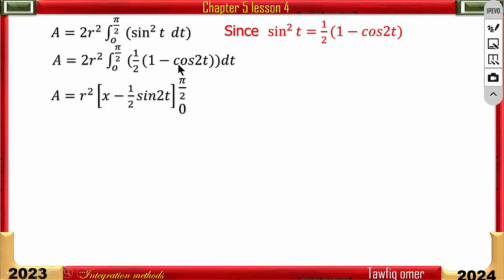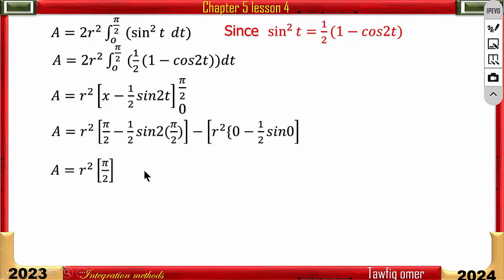This is minus the integration of cosine 2t, which is 1 over 2 sine 2t, from 0 to pi over 2. Substituting the values pi over 2 and 0, area is equal to r squared times pi over 2.